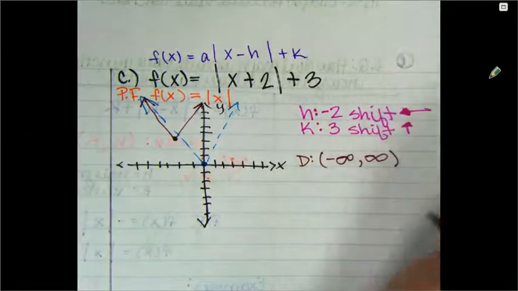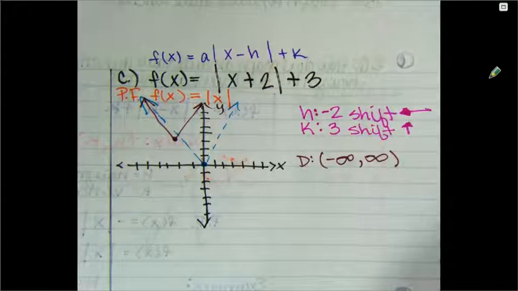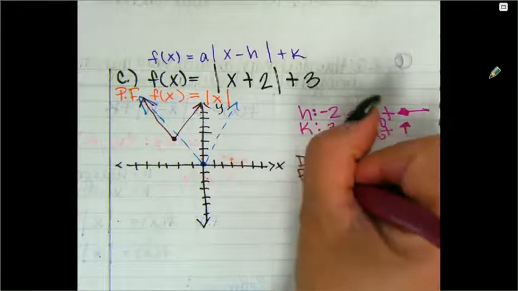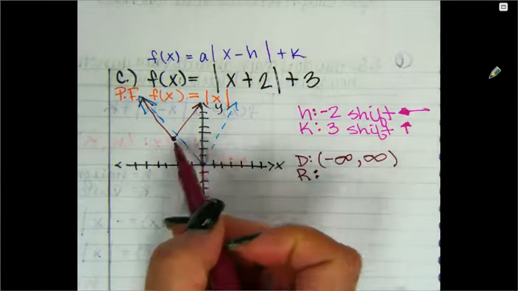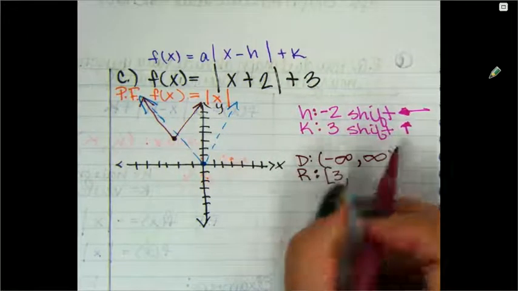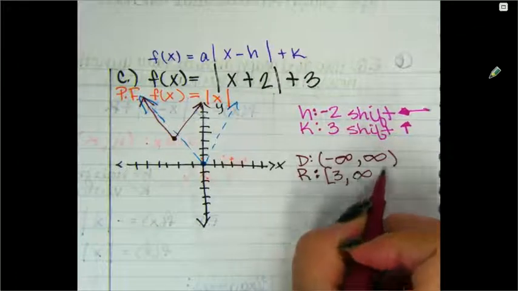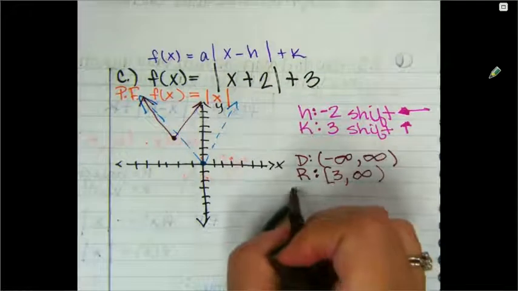Negative infinity to positive infinity. Even if I don't know what my graph is, I should be able to answer domain because it's always negative infinity to positive infinity, right? Range is the only one I have to do based on the graph. So looking at the graph, I figure out what my y value is. What's that y value? 3, and it's pointed which way? Up to positive infinity, very good. And end behavior? Very good.